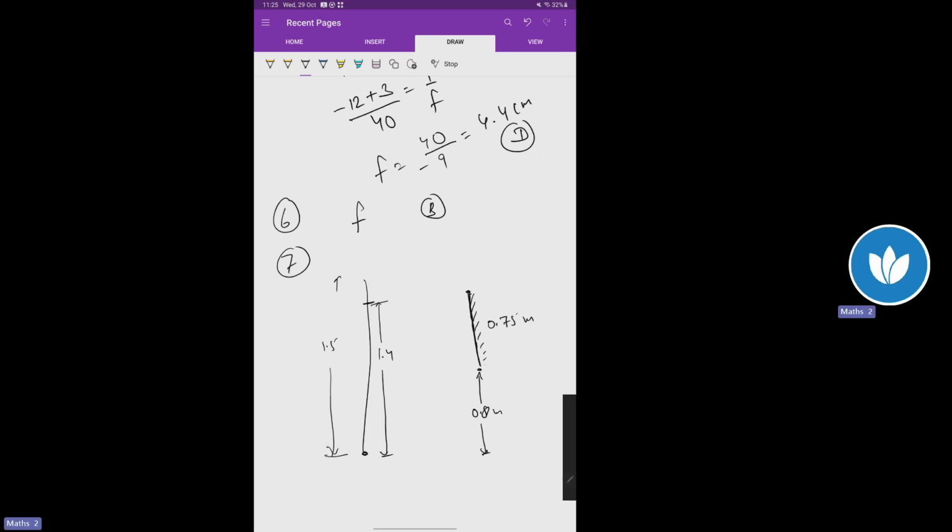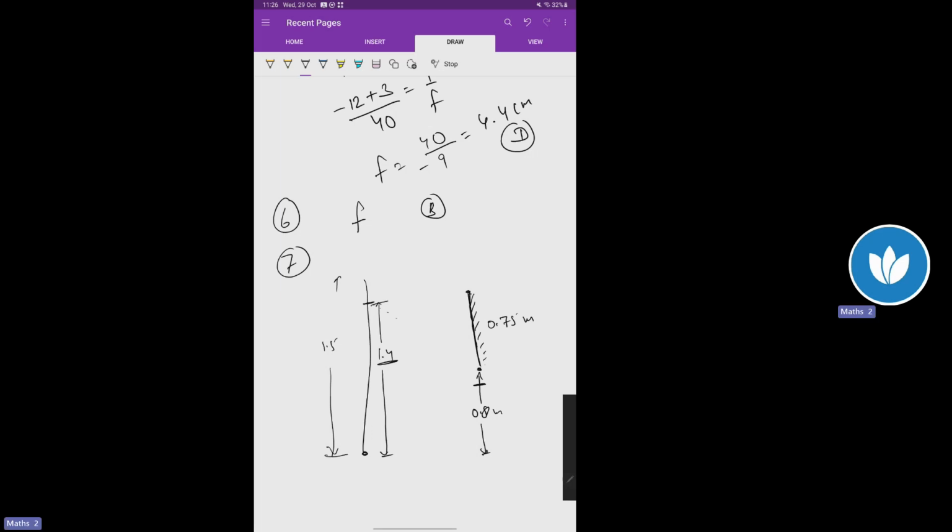To see his feet, the position of the lower end should be 1.4 divided by 2, 0.7 meter, but this is more than 0.7 meter, so he can't see his feet.